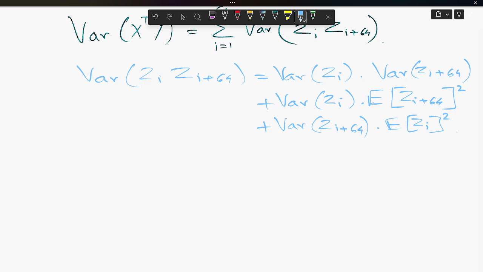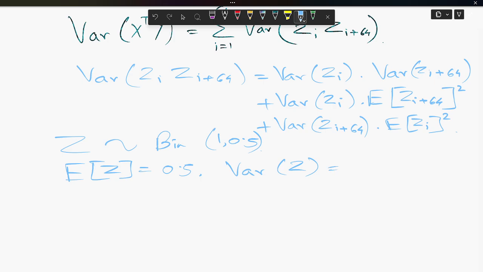For a Bernoulli random variable Z, the expectation of Z is 0.5, and the variance of Z is p into 1 minus p.